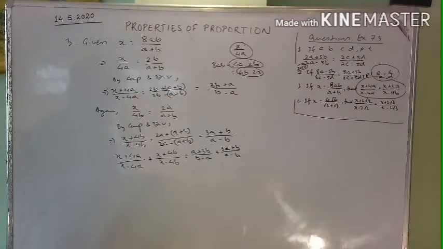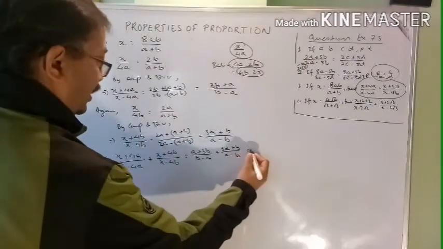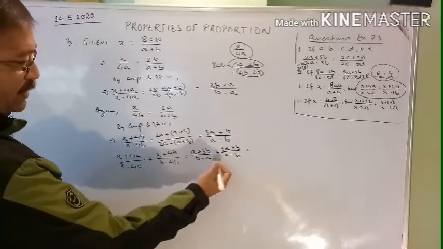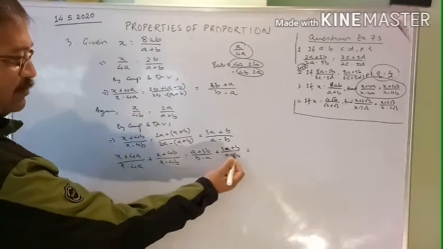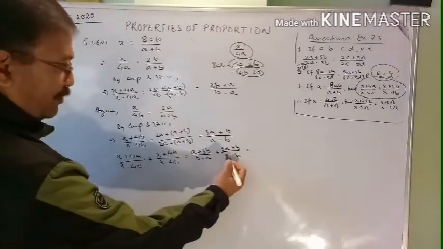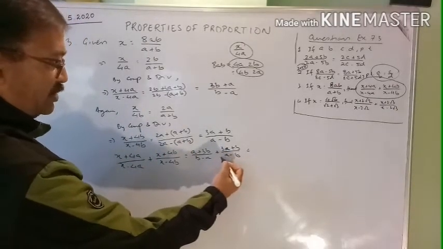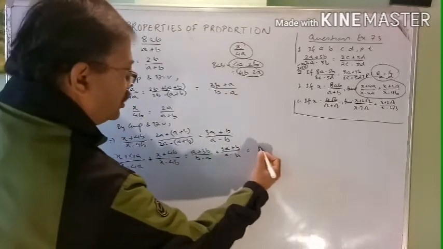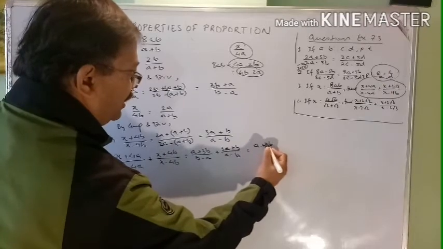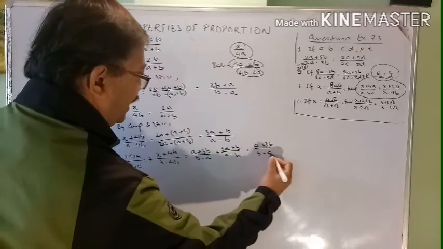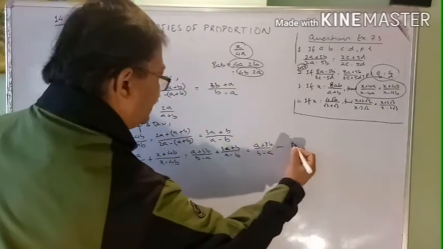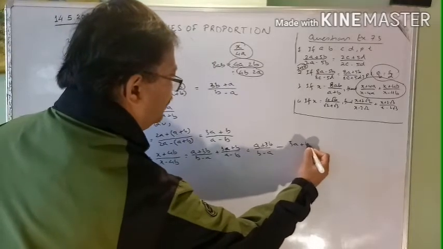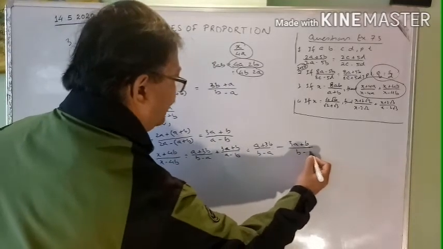But here you see, before you take LCM, be careful: this is b minus a, this is a minus b. So take minus sign common to change the sign. When you take minus sign common, plus divided by minus will be minus. So a plus 3b upon b minus a, minus 3a plus b upon b minus a.